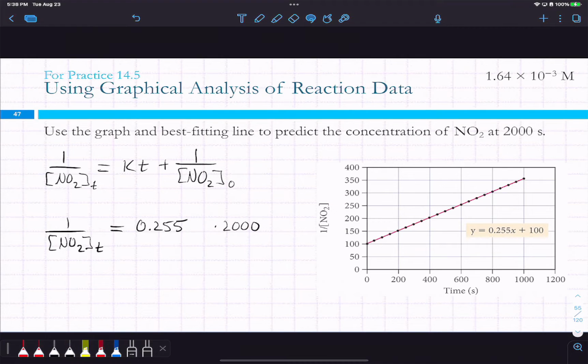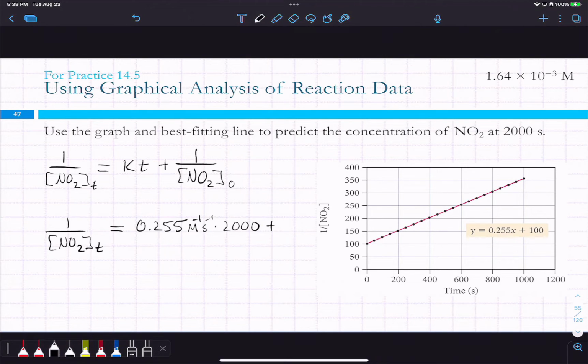What are the units for K for a second order reaction? Yeah, M-1 S-1. It's always going to be 1 minus the order of the reaction for M. So first order reaction, it's 1 minus 1, which is 0. So it's just S to the minus 1. For second order, it's M to the minus 1.